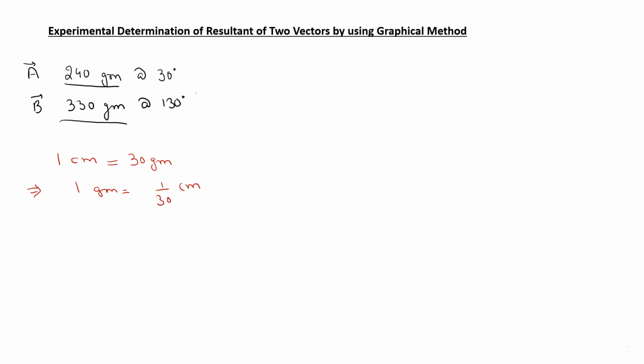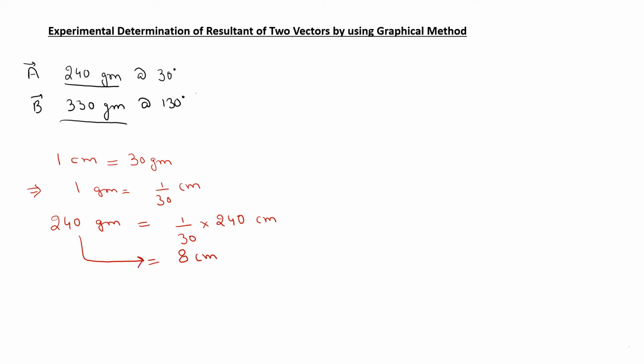From this I can say that 240 grams is going to be 1 by 30 into 240 centimeter. That is going to be 8 centimeter. So 240 grams on my graph paper will be equivalent to 8 centimeter.